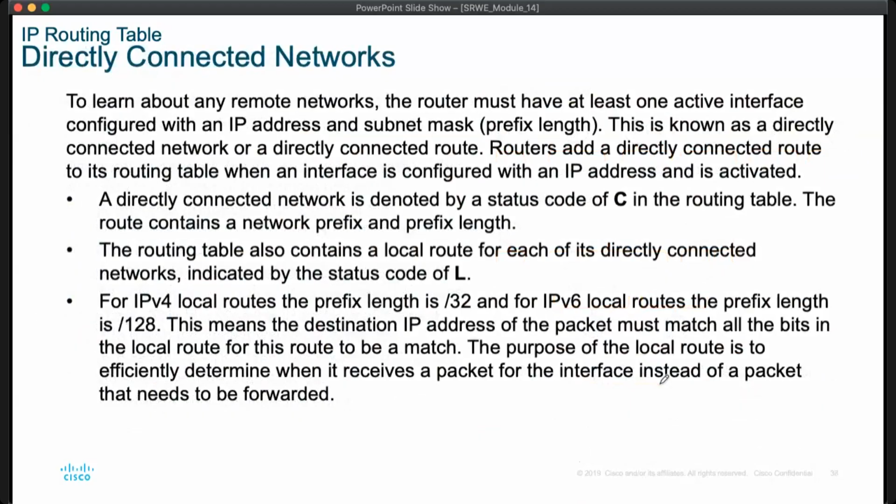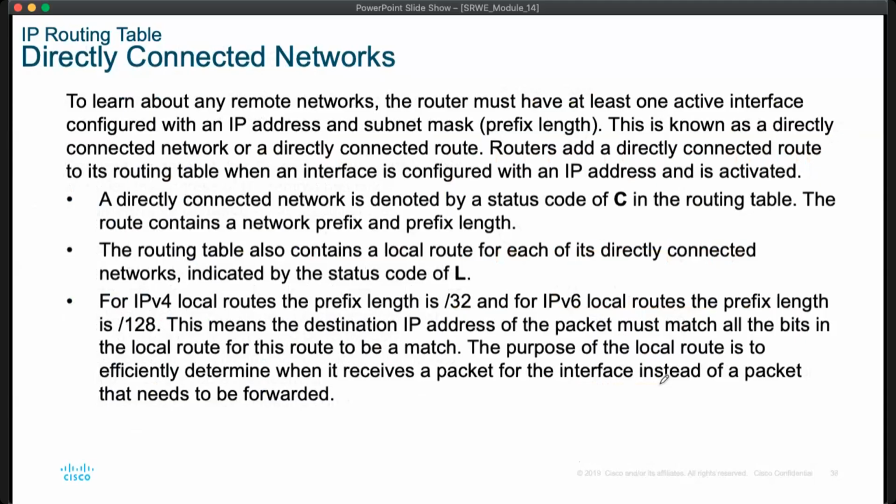Directly connected network. To learn about any remote network, the router must have at least one active interface configured with an IP address and subnet mask prefix length. This is known as a directly connected network or a directly connected route.